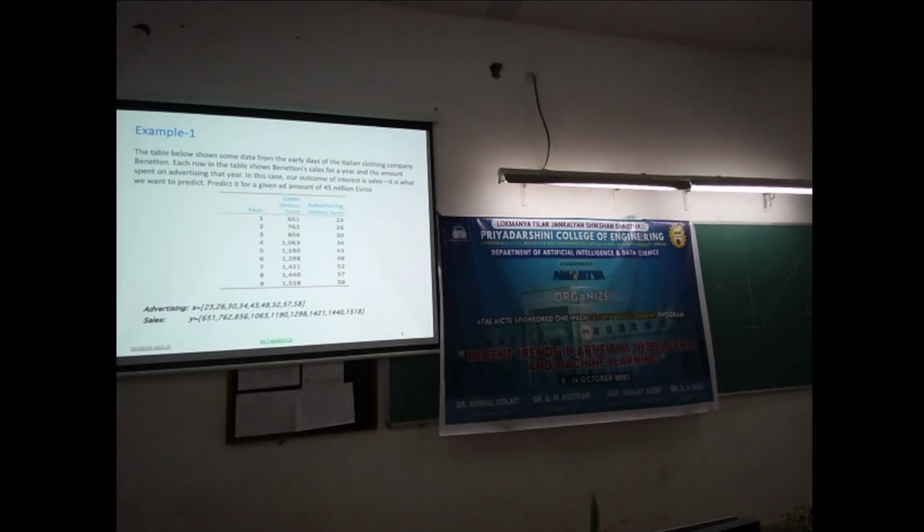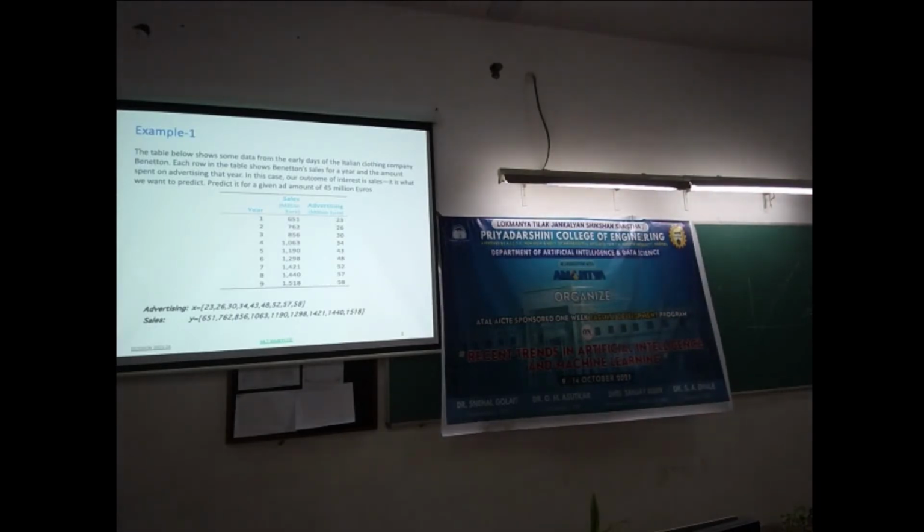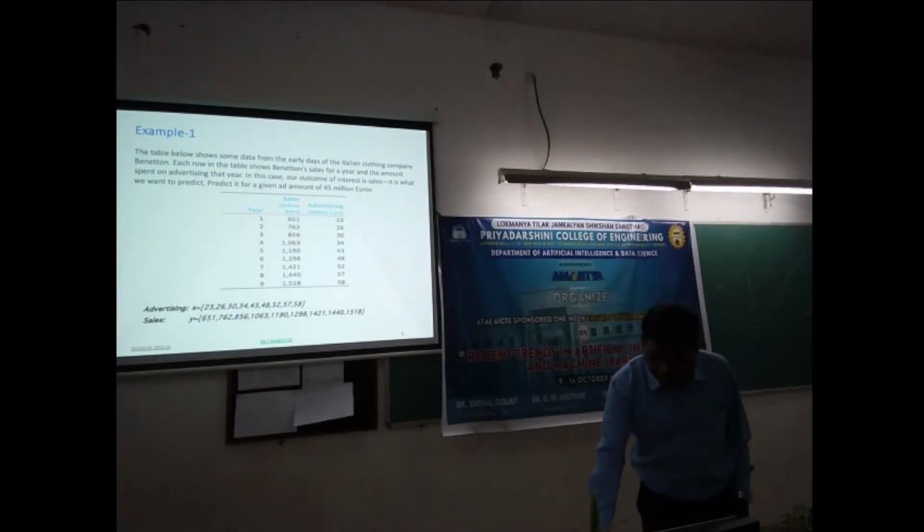If you spend more and more on advertisement, you are supposed to increase the sales. That is the relationship. This is simply a linear relationship, because as this increases, you can see the sales also increase. So this is one example of linear regression.